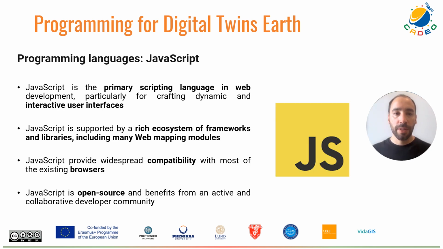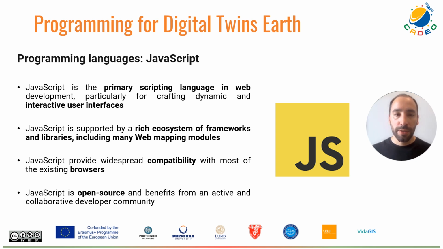Moving on to JavaScript, this is instead a cornerstone of modern web development. JavaScript serves as the primary scripting language for creating dynamic and interactive user interfaces on the web. Its versatility and broad functionality make it an essential tool for developers. One of the key strengths of JavaScript is its rich ecosystem.